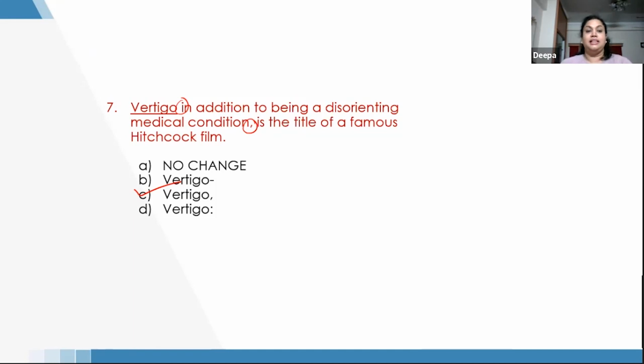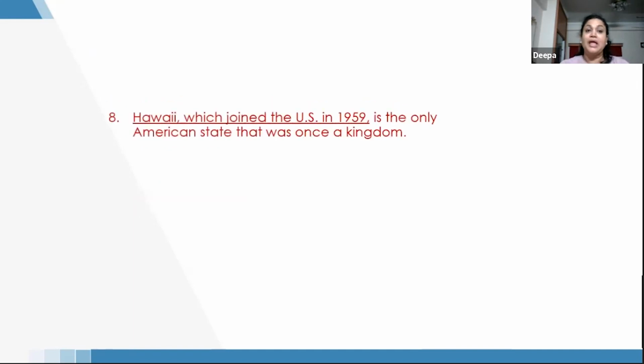Okay, let's go to the next question. Hawaii, which joined the US in 1959, is the only American state that was once a kingdom. Let's check the options.